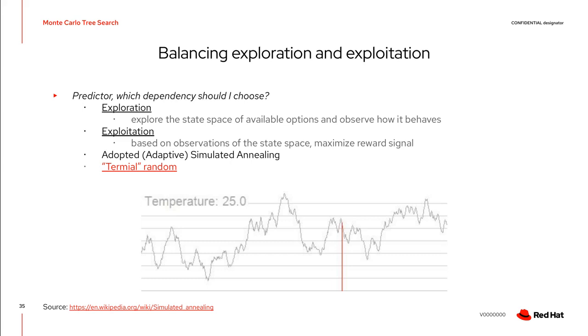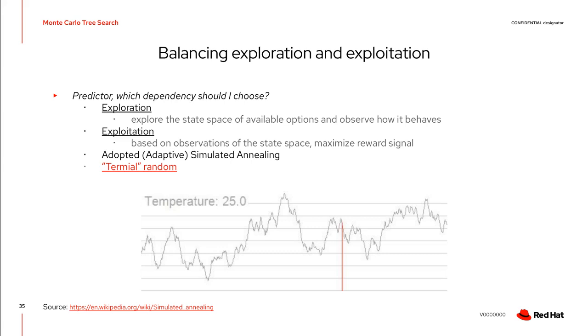So on average, for example, if we add Jinja 2 to our stack in the version that we saw, on average we obtain a reward of 0.2. Then we state the fact in the predictor's history.